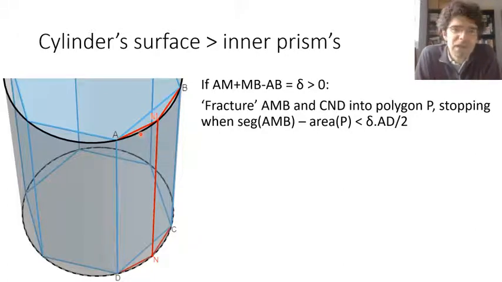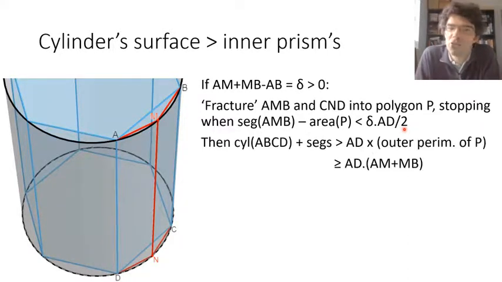Now, applying our assumption about surface area, what we can then say is that the cylindrical surface area plus all of those tiny little segments that we've got left over is going to be greater than the sum of the rectangles, in other words, the outer surface of whatever prism we have created, and that in turn, it's going to be greater than or equal to the two rectangles that we started out with.